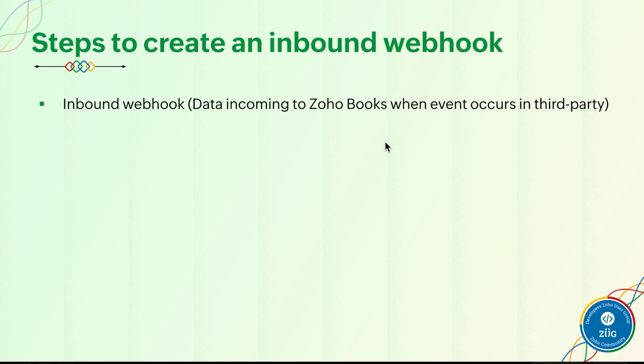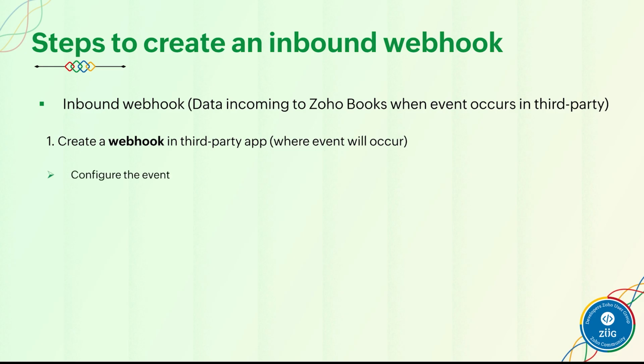Assuming the third-party application supports webhooks, the first step is to create the webhook within the third-party application. As we covered in the earlier slides, there are two key elements to configure when setting up this webhook. First, the event.